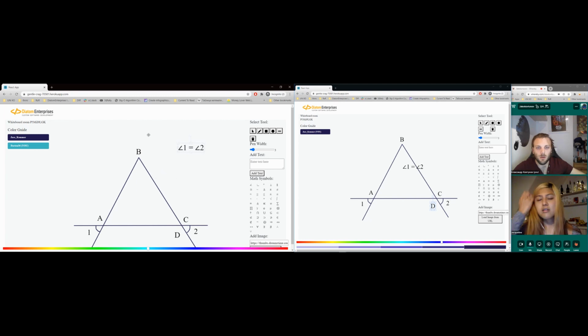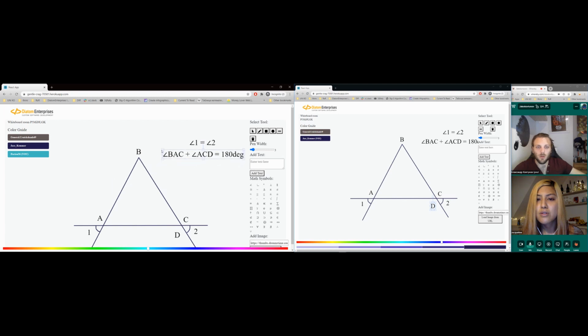And then can you please prove to me that angle BAC plus angle ACD is equal to 180 degrees? Okay. Is it correct? Yes.